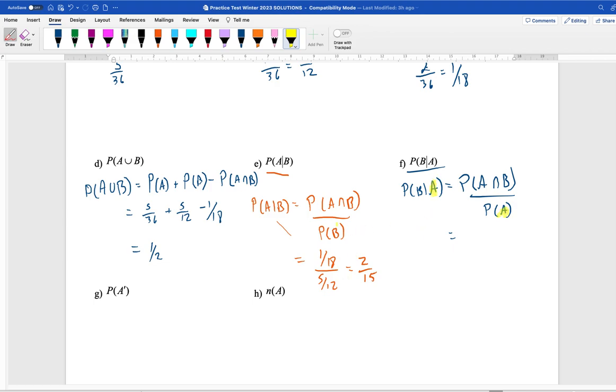Just like it was over here. So this is probability of A and B was 1 over 18 divided by 5 over 36. 2/5.